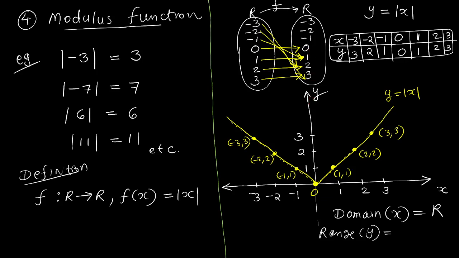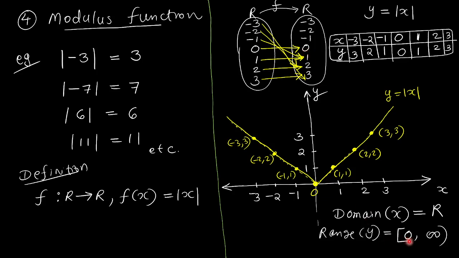So there is a notation I explained in the previous class. The value of y will be all positive real numbers, including fractions. All positive real numbers starting from 0 up to infinity. Why up to infinity? 0, 1, 2, 3, 4, 5, etc., up to infinity, starting from 0.